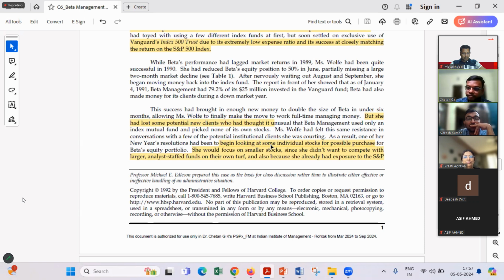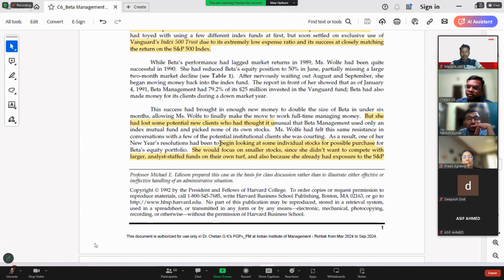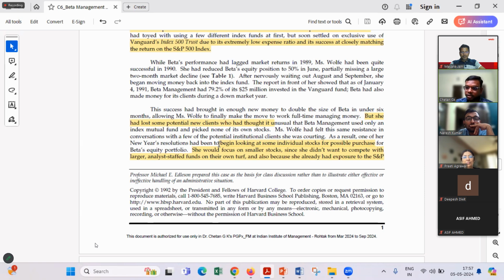Okay, so next, expense ratio and exit load are different things. Generally, expense ratio is 0.5 to 1%; the lesser the better. At least in the Indian context, 0.5 to 2.5% is where your expense ratio will be. If it is an index fund, normally it should be lesser than 1%.